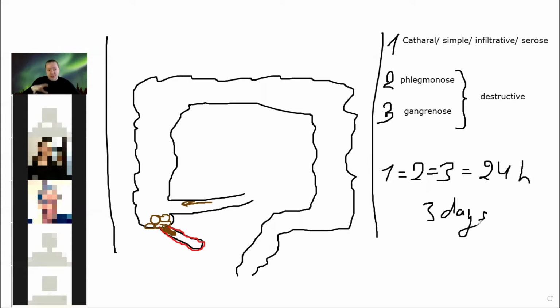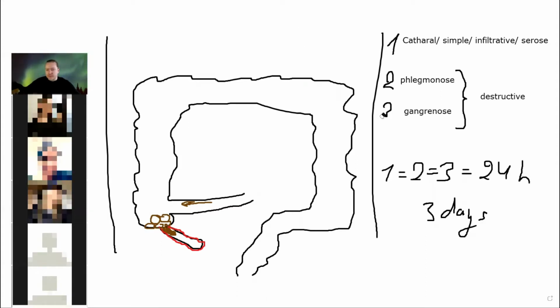Because otherwise, what will happen after the gangrenous stage, guys? What complication will it bring? Perforation. Good, and all the pus and contents will go into the abdomen, leading to peritonitis. You need to remember that peritonitis is deadly.